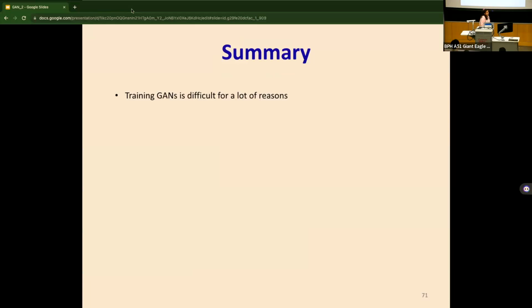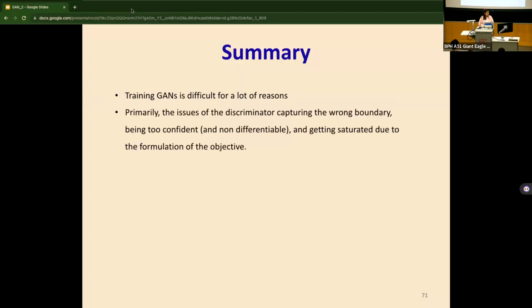So, a summary of everything we've learned so far. Training GANs is difficult for a lot of reasons. Primarily, the issue of the discriminator capturing the wrong boundary, being too confident or not differentiable, and getting saturated due to the formulation of the objective.